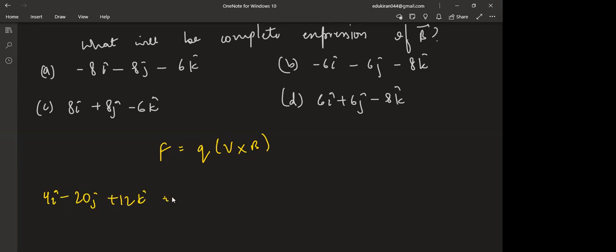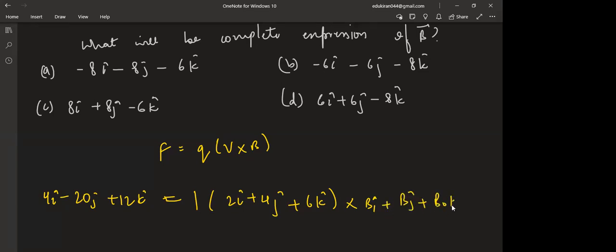This is force. Charge is given as 1. Velocity is given as 2I cap plus 4J cap plus 6K cap. Into this is B I cap plus B J cap plus B naught K cap, whatever the expression was in the question.